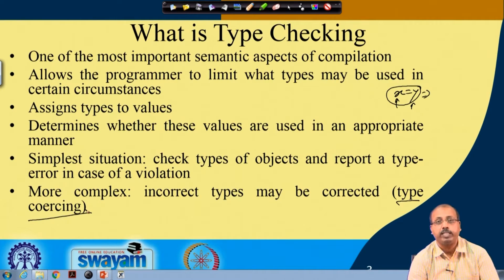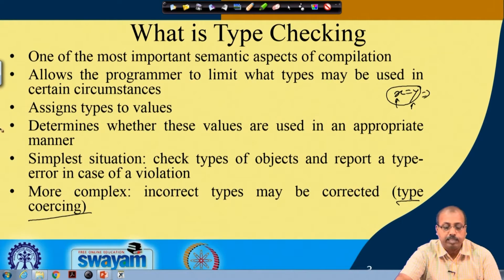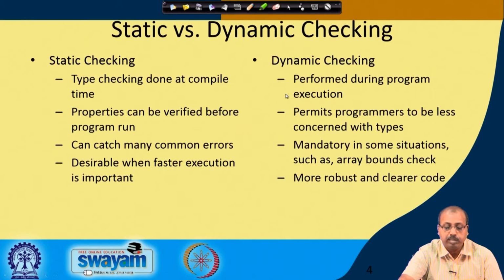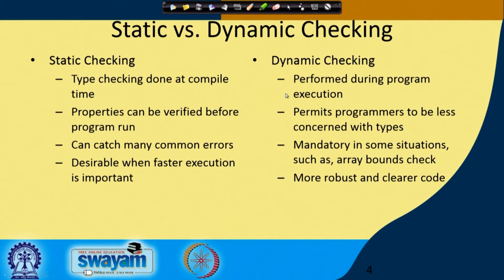This is more complex because the compiler designer needs to understand what the expected type is and how to do the conversion. Doing it correctly may also be a challenge: how to get good type checking and type coercion done.